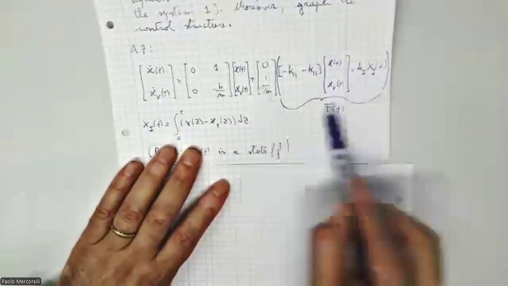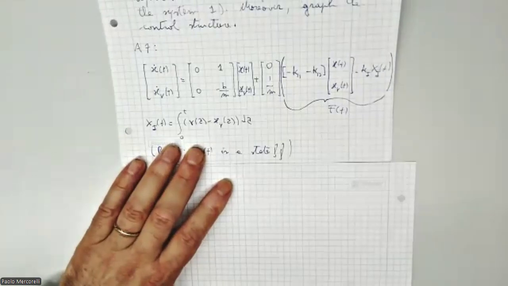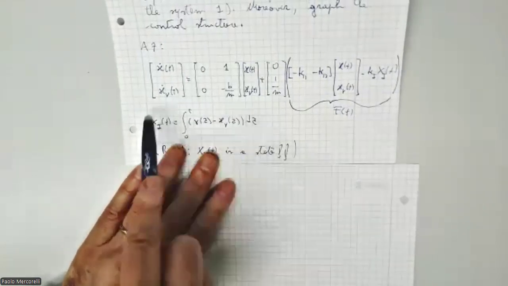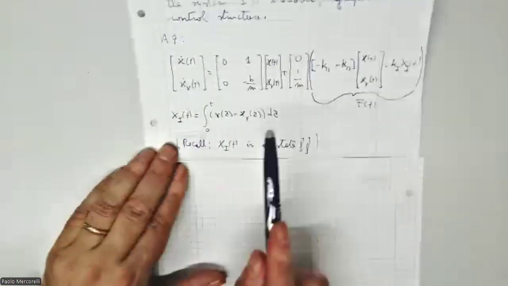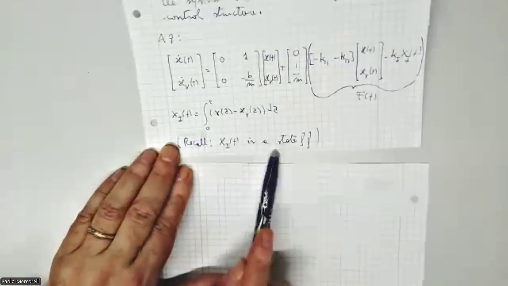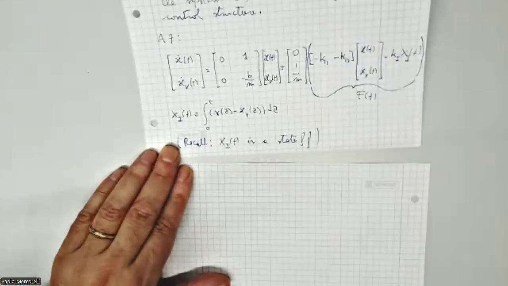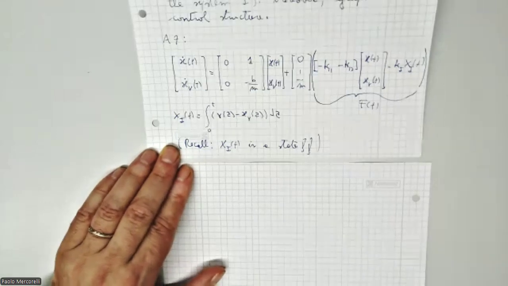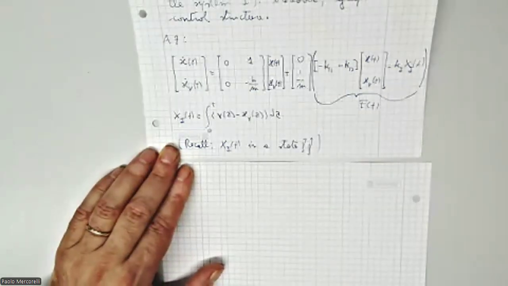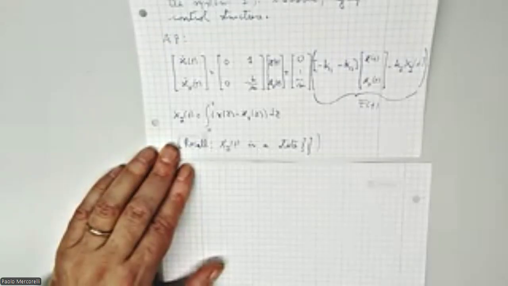Believe me, f of t is this complex expression, in which Xi is again this, no changes. Recall, Xi is the state of the controller. In some books, they say augmented state, pseudo state. Why augmented?